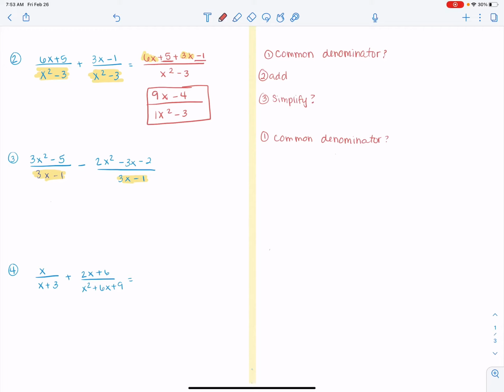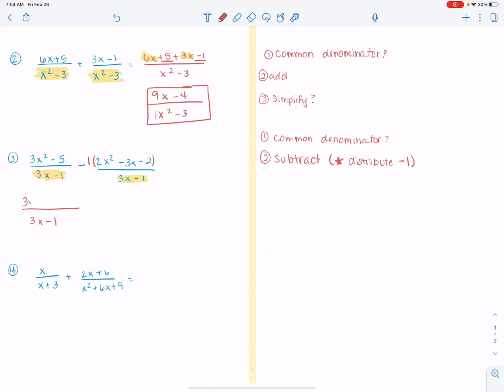Now here's the deal with subtracting. When you subtract fractions, don't forget to distribute negative 1. So really this is minus 1 times all of that. So when we write it as the same fraction, we're going to subtract. I know that I have 3x minus 1 as my denominator, which is going to stay.